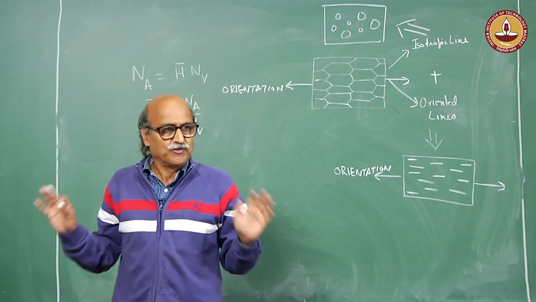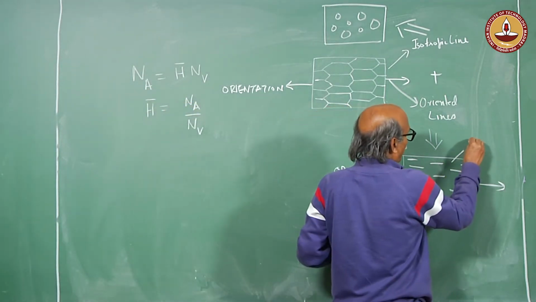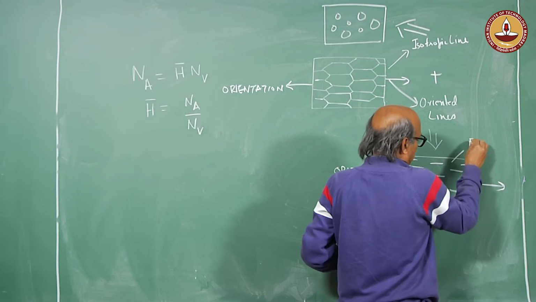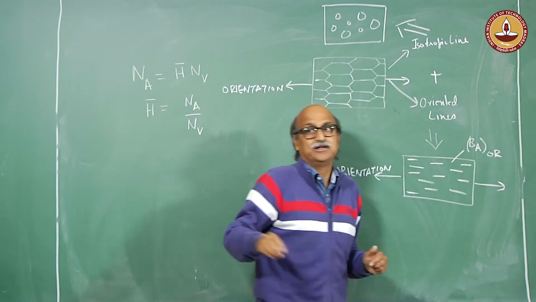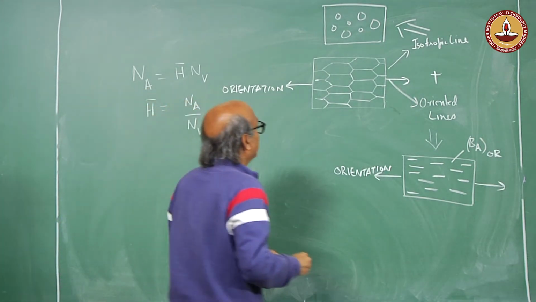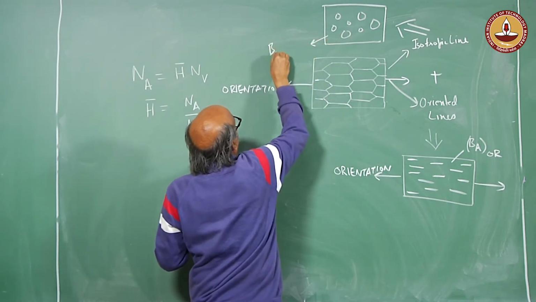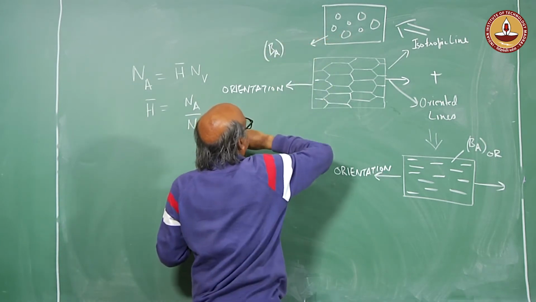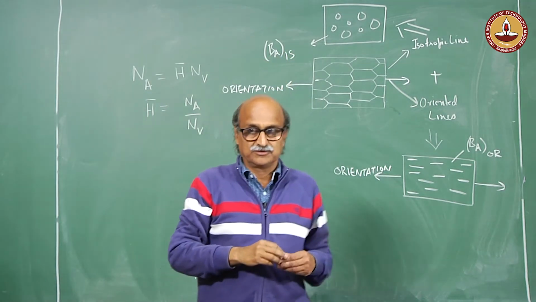What I want to find out in the end is how much boundary length per unit area is of oriented lines, and how much boundary length per unit area of these grain boundaries can be regarded as isotropic lines.